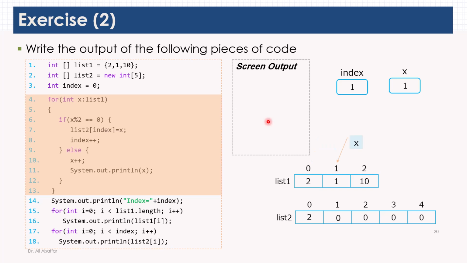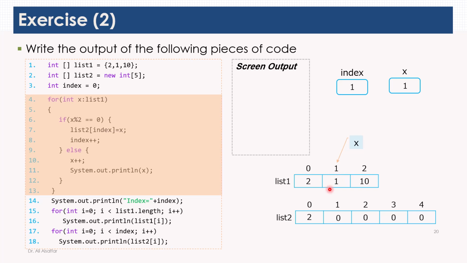In the next iteration, the value of x will be equal to 1, which is the next element in the array. And we need to test in line 6 whether it is even or odd. Since it is not even, we will go to the else statement at line 9, and line 10 will be executed. In line 10, we are increasing the value of x by 1. See, the value of x is 1, and it also represents the second element of the array, which is equal to 1. But these are different copies.